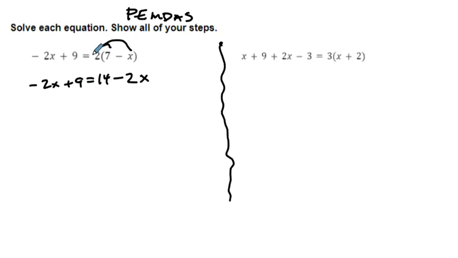And then now we are at a situation where we go, okay, we need to move the variables to one side and move the numbers to the other side, right? Because we have a balanced equation here. Whatever you do, you got to do the same thing to the other side.